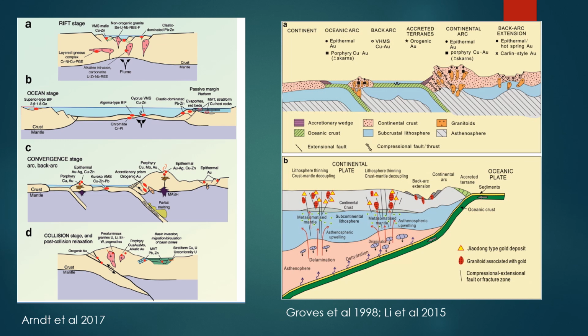It's going to generate magmas that come up that may underplate the lithosphere, and they themselves can constitute an intrusion. But that heat flow is going to generate more melting potentially within the continental crust. And when those crystallize at depth, that's the intrusion that we may want to explore for.